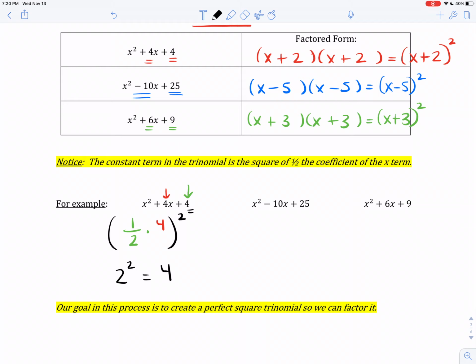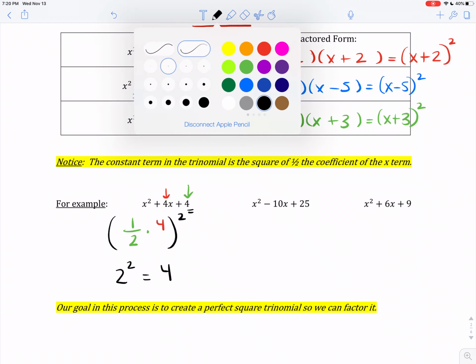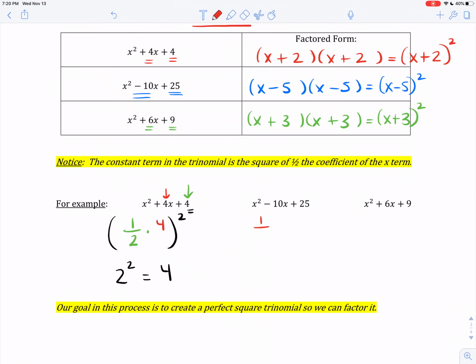And that'll happen every time you have a perfect square. So over here, if I took 1/2 of the middle term, that's negative 10 right here, and then I squared it. 1/2 times negative 10 would be negative 5, and if I squared it, I get positive 25, and notice that's that last term.